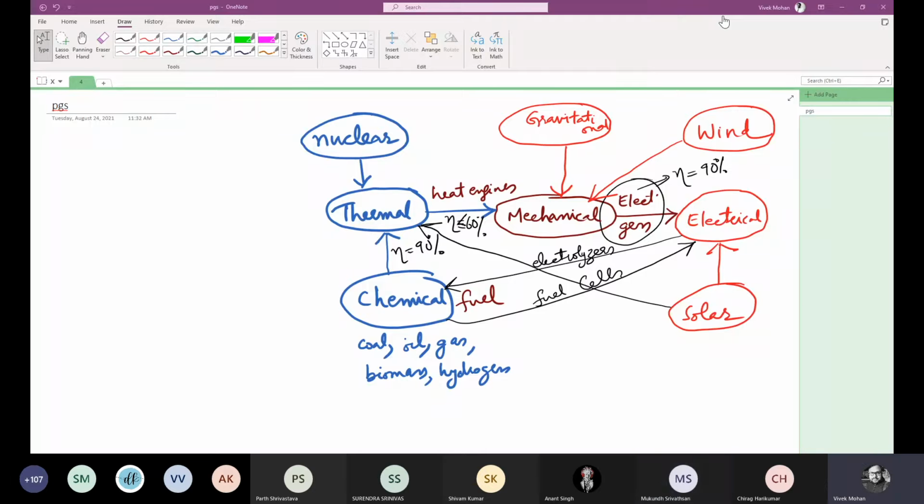Okay, so let me just give a small introduction to the working principle of solar photovoltaics. We will just go through a very simple model. The working principle of solar cells is based on the photovoltaic effect: the generation of a potential difference at the junction of two different materials, which we can call P material or N material or whatever.